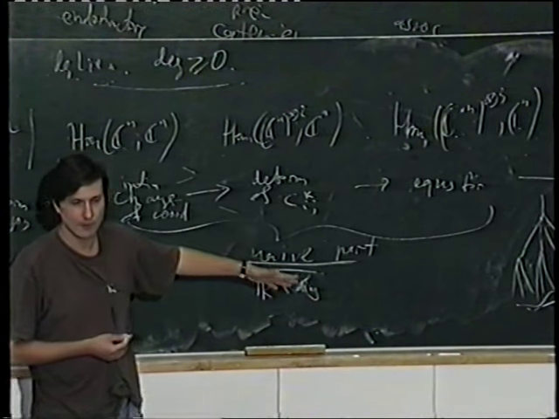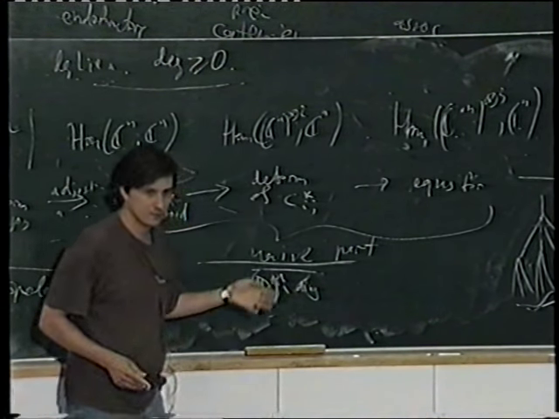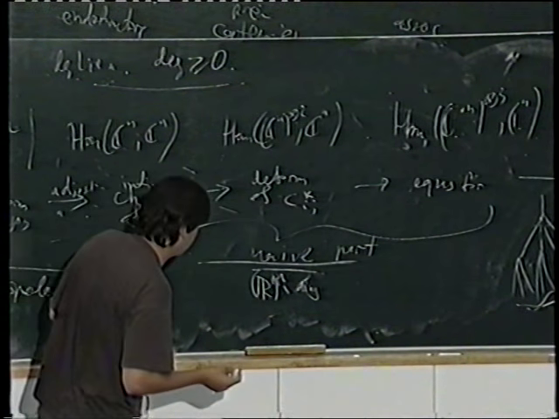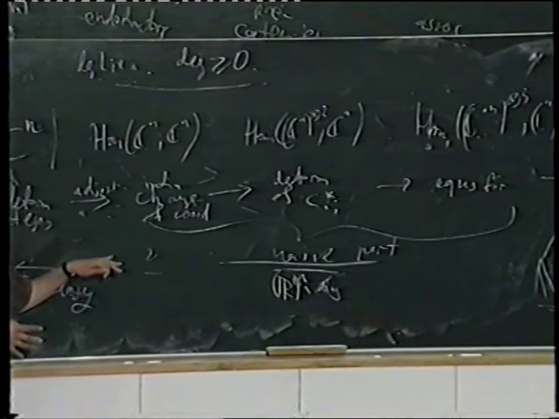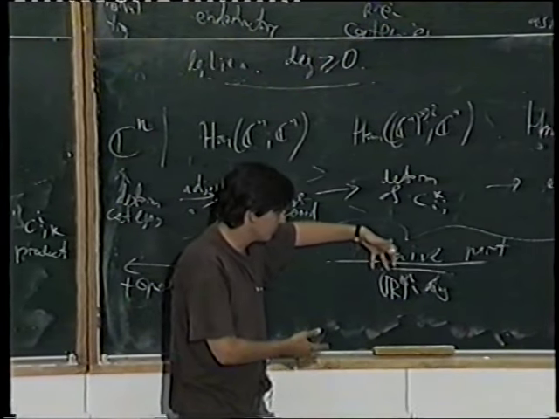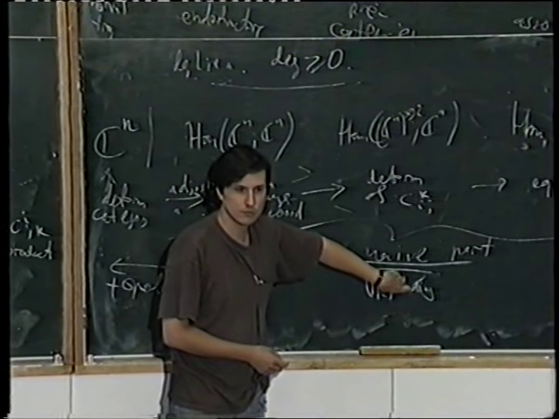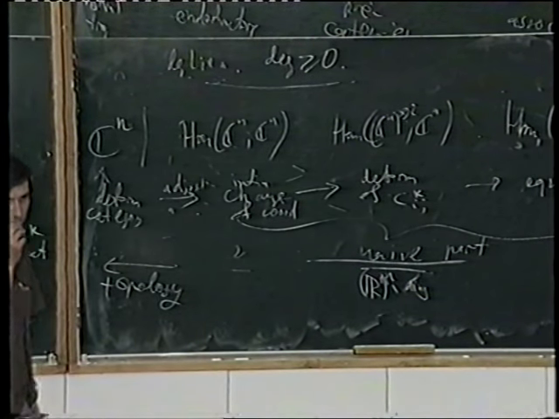For n equal 1, yeah, R^1. So it seems that if you want to think about operads, it's better not to write formulas, but to use directly these manifolds. So it's a way to write.